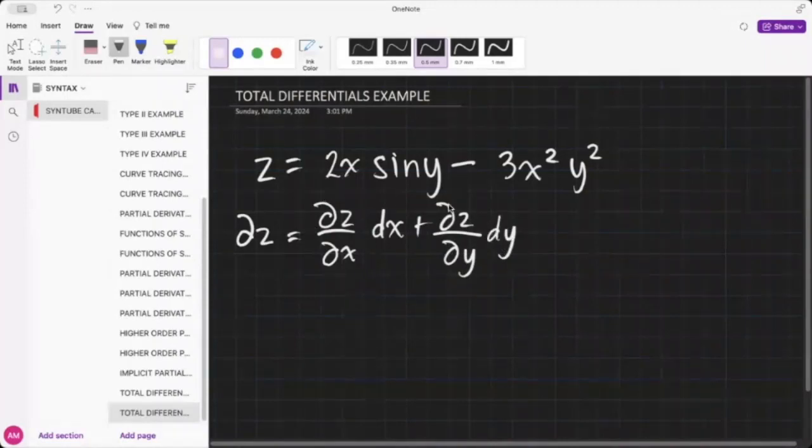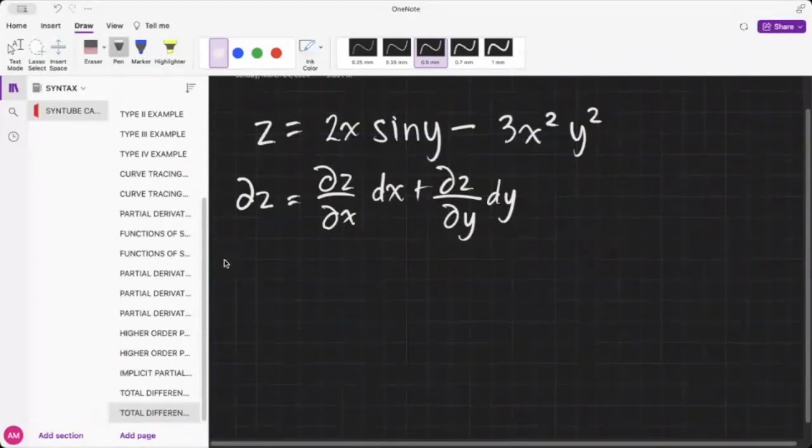We'll get this and this. We already tried that earlier. It's the same, just a different notation. We should establish here that y is a constant.